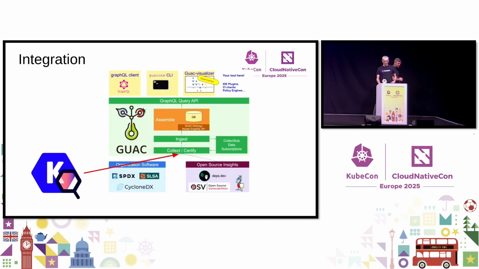All right, so we have a great place to analyze supply chain data, and we have some really great supply chain data. So it only makes sense to get all of those Kubescape SBOMs and filtered SBOMs into GUAC. That's what I was just describing with the collector. I just wrote and released a Kubescape collector for GUAC, just last week.